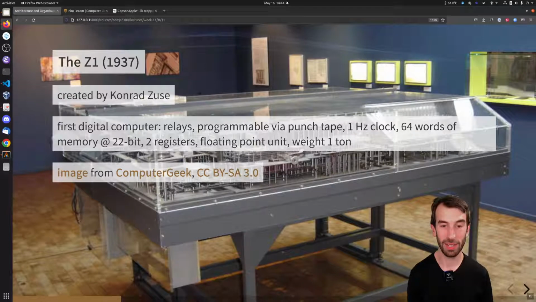This one was a very electromechanical computer called the Zuse-1, the Z1, by Konrad Zuse. Relays, it had punch tape, a 1 Hertz clock, 64 22-bit words of memory, 2 registers, a floating point unit, and it was huge.